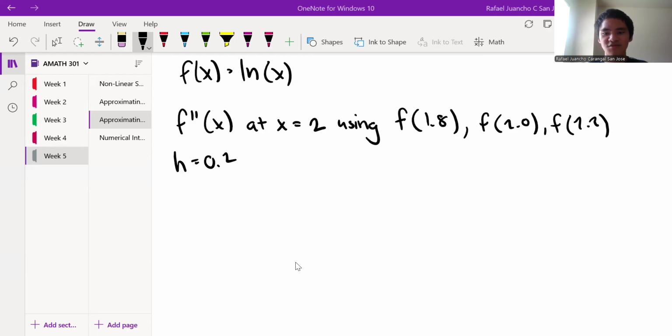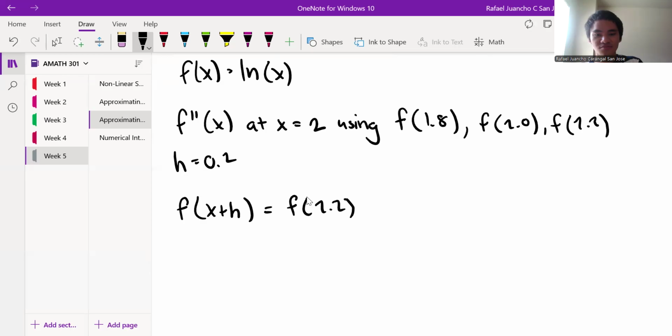Oh, we used finite difference formulas. Okay, here's what we did. So using our central difference formula, we're saying that my f of x plus h is basically going to be my f of 2.2.